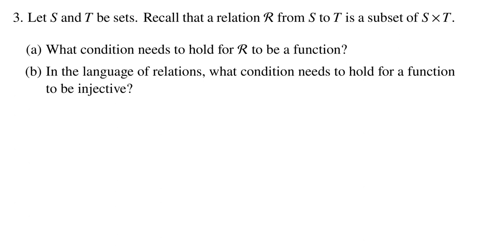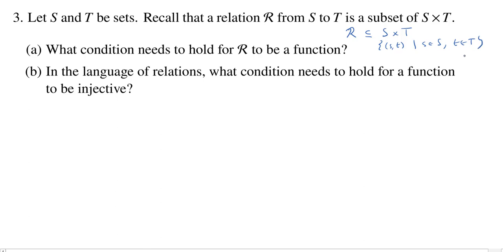Instead of having to talk about a rule that associates to each element in one set an element in another set, blah, blah, blah, we can write down something very precise, namely when you have a relation from a set S to a set T, it's just a subset of the Cartesian product, which you'll recall is all pairs of elements of the form S comma T, where S is in S and T is in T.